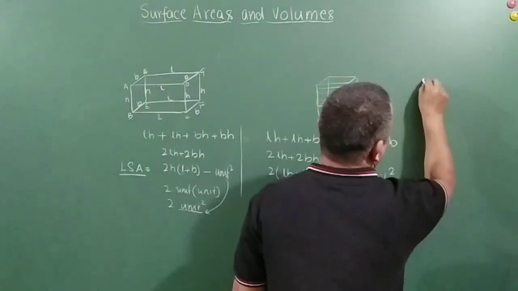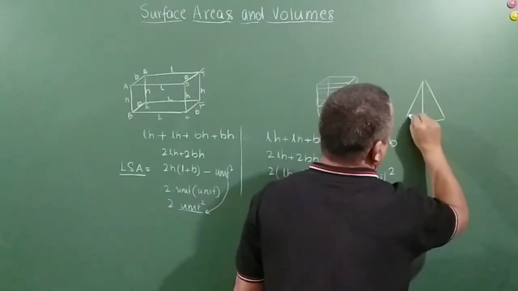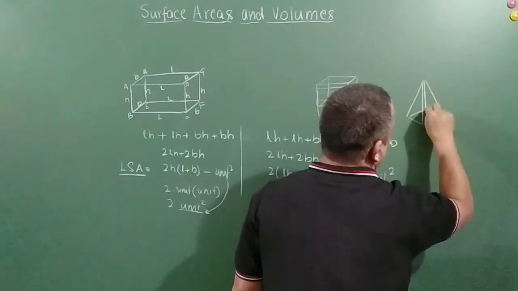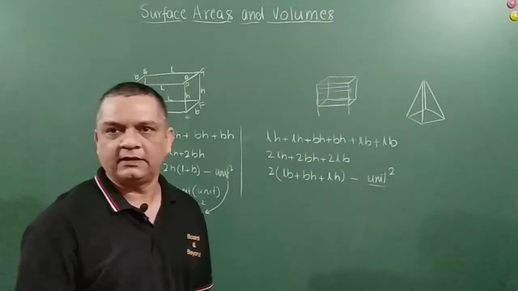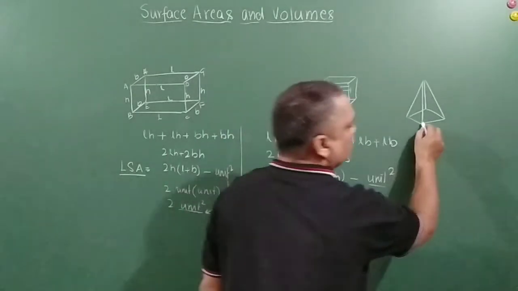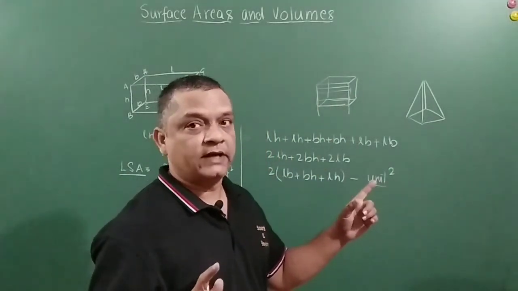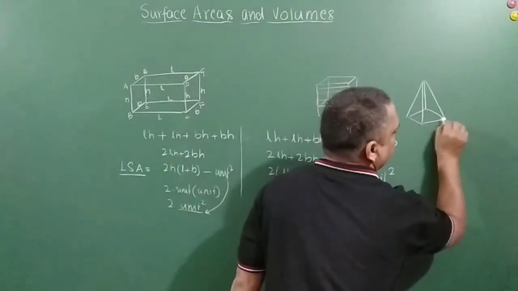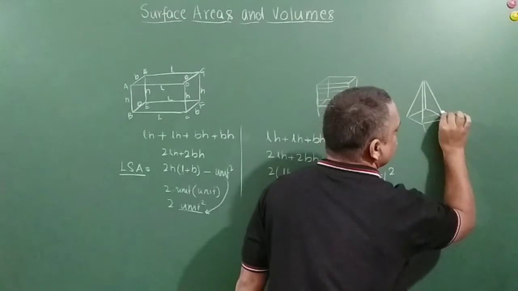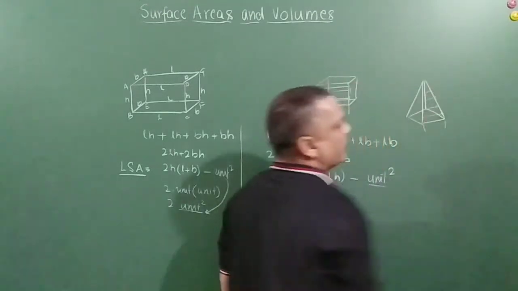Now, for example, what is this? This is basically a pyramid, right? Okay. Now, this we do not call as a regular object, right? Because the width here, you see, is not the same here, it is tapering, right?